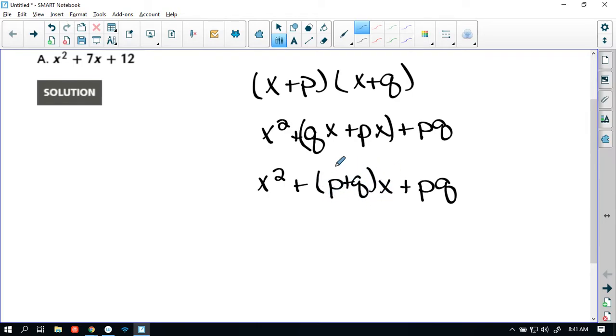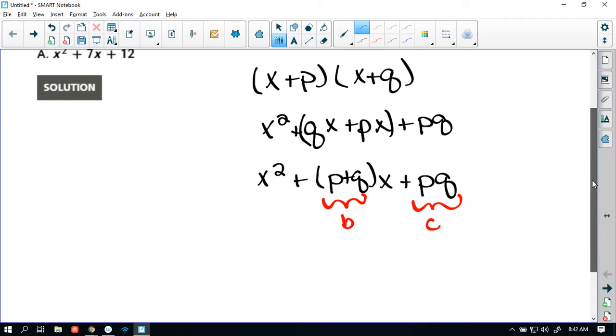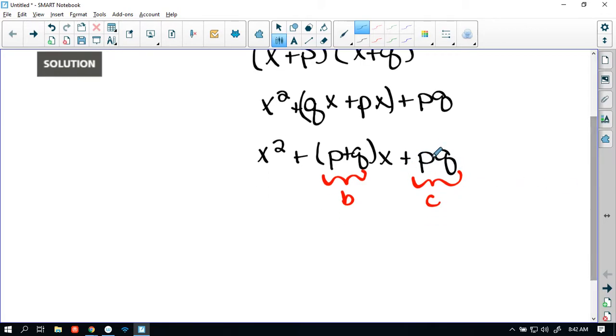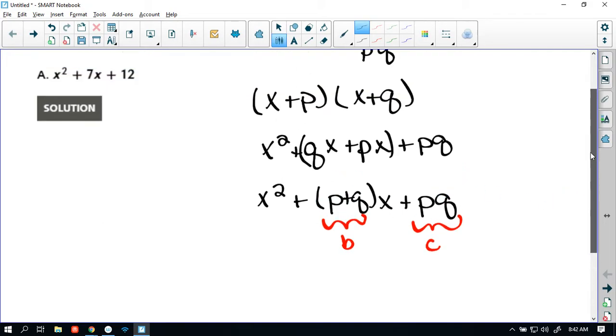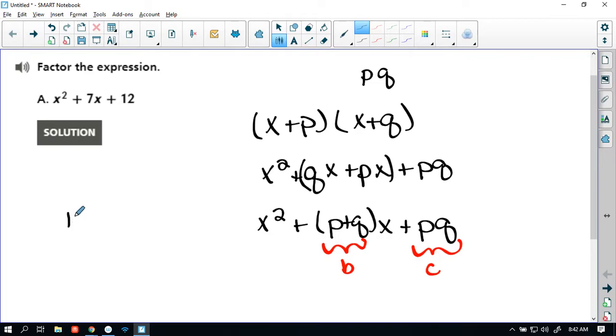We have the x pulled out, and so you can see that my b coefficient is made up of p being added to q, and my c coefficient is composed of p multiplying by q. So what we're going to do here is look for two values that multiply to give me this c and add to give me b. So I'm going to look at the factors of 12 over here.